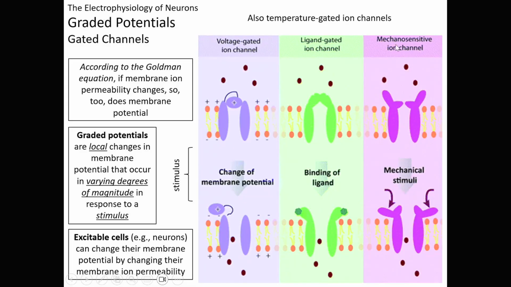Here they're talking about mechanosensitive ion channels. These are ion channels that are closed when there's no mechanical stimulus present, and then they open in response to a mechanical stimulus. And what do we mean by a mechanical stimulus? We mean things like touch, pressure, vibrations.